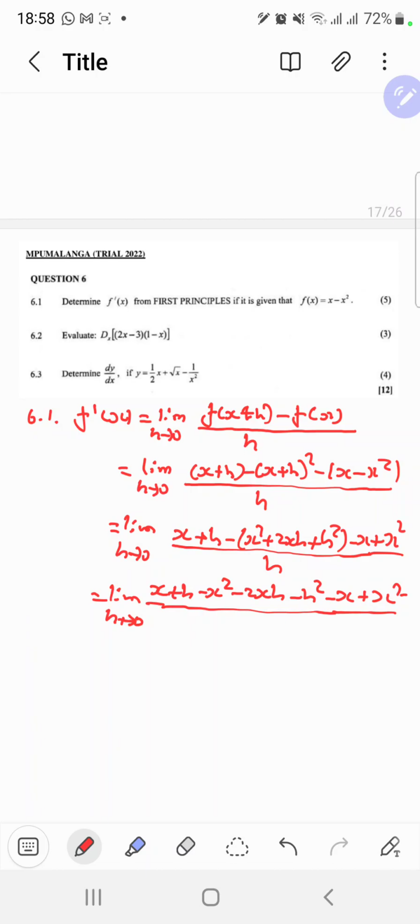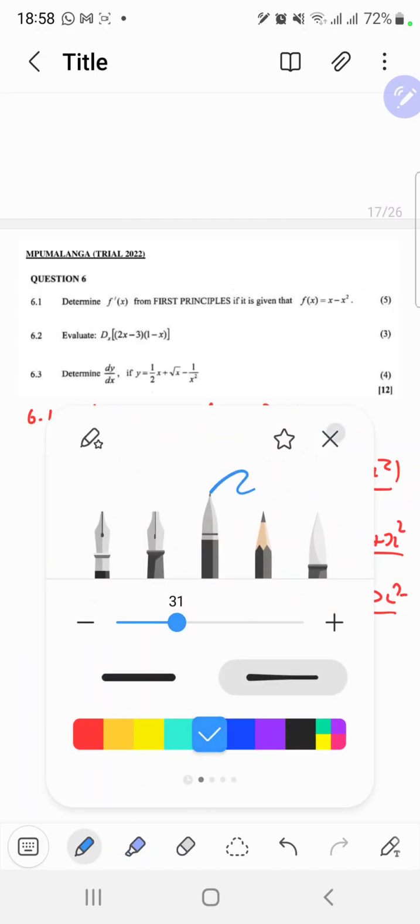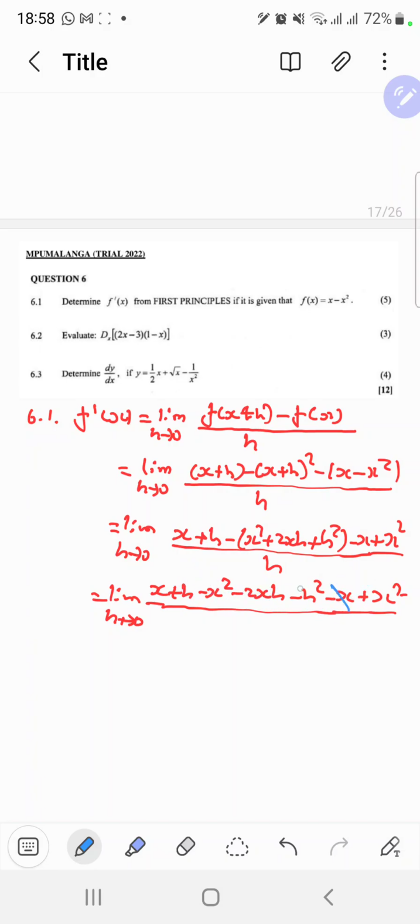Now you can see here that a lot of terms are going to cancel each other. First of all, this one cancels that, this one cancels that, and then what we're left with is the limit as h tends to 0 of what?